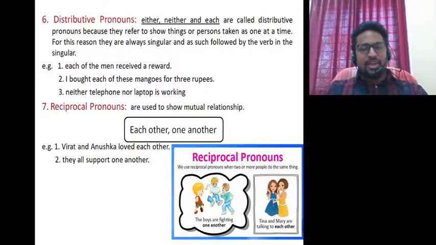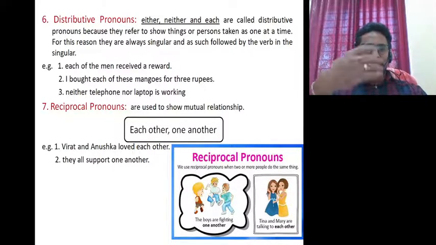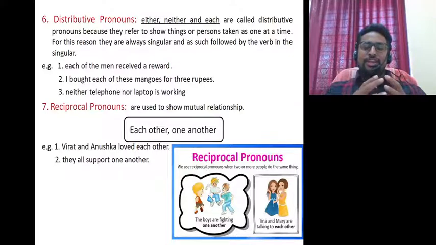If you take and never give something to him, the mutual relationship spoils. So reciprocal pronouns are used to show mutual relationship in a sentence. Each other, one another, these are all called the reciprocal pronouns.